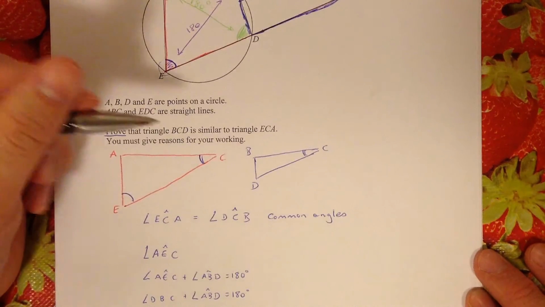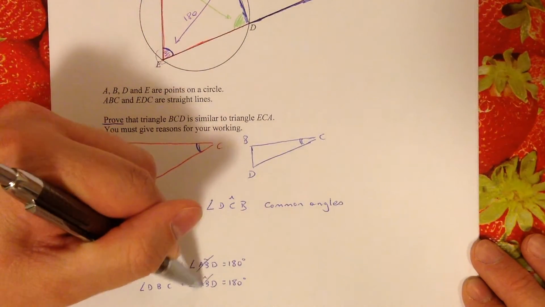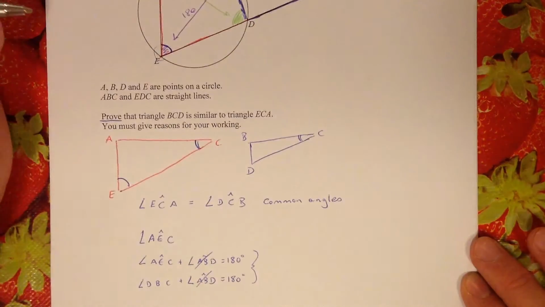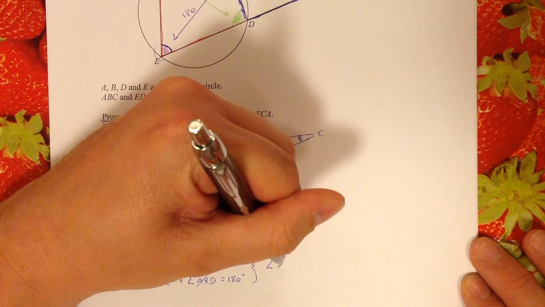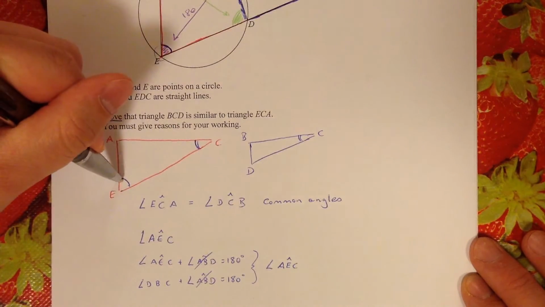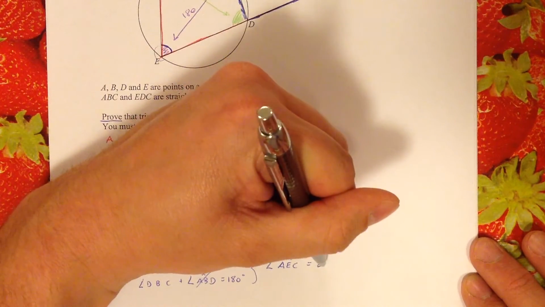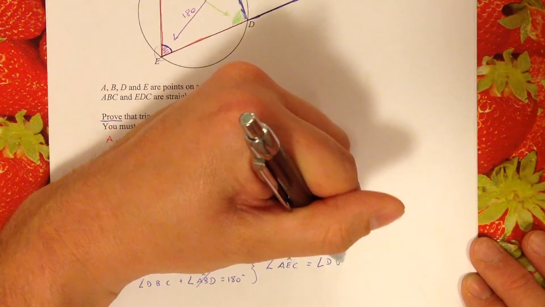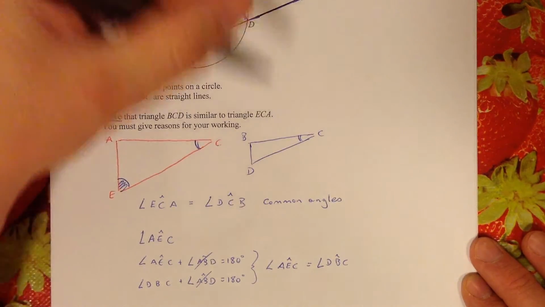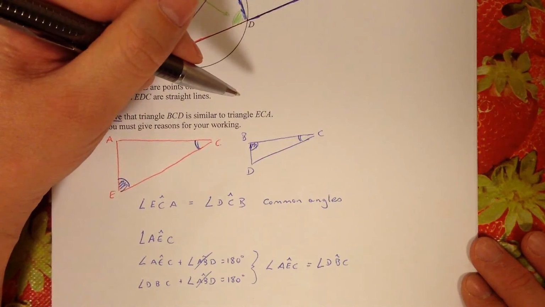Now, they again have a common shared angle, which is angle ABD. So we can now summarise that angle AEC, which is this angle here in one of our similar triangles, is equal to angle DBC, this angle here.